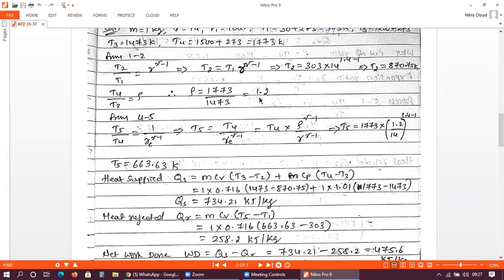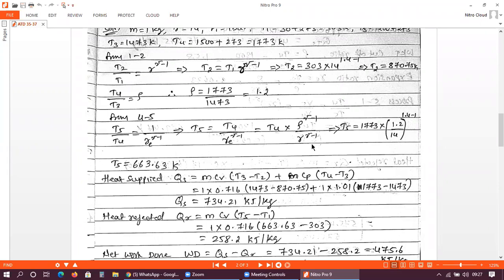Now from the process 4 to 5 on the TS diagram, T5 by T4 is equal to 1 divided by the expansion ratio Re raised to gamma minus 1. Expansion ratio can be written as Re raised to gamma minus 1 is equal to R raised to gamma minus 1 divided by rho raised to gamma minus 1.